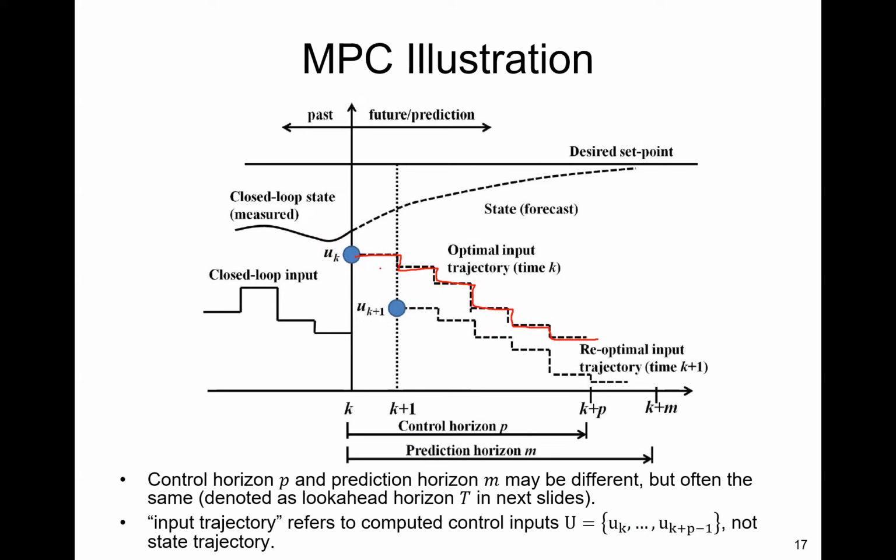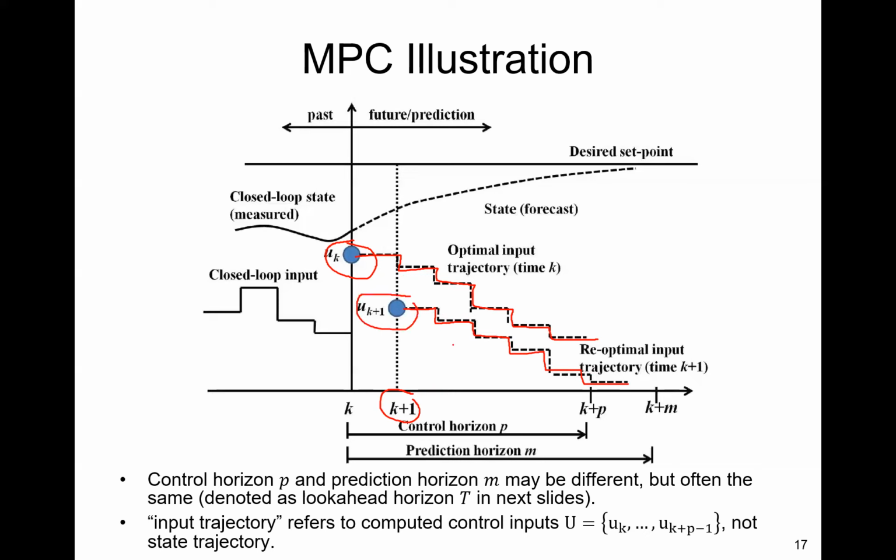But you only apply the first one, the current one, at the current time step. And then you move forward to the next time step, K plus 1. You perform another look ahead and optimization to get another series of control inputs for the next P time steps. However, you only apply the first step, and so on.